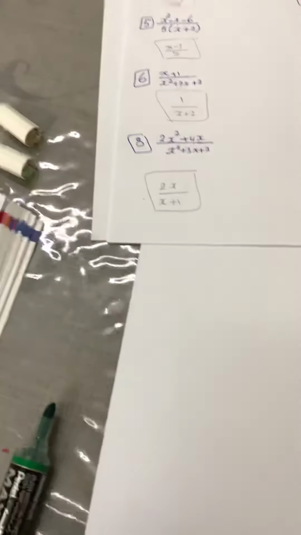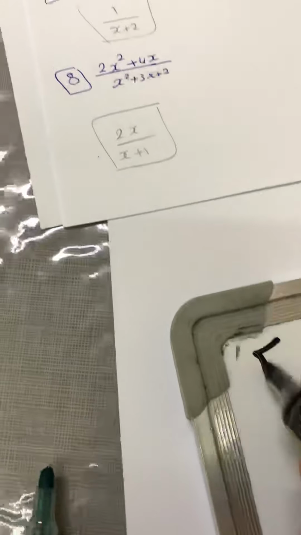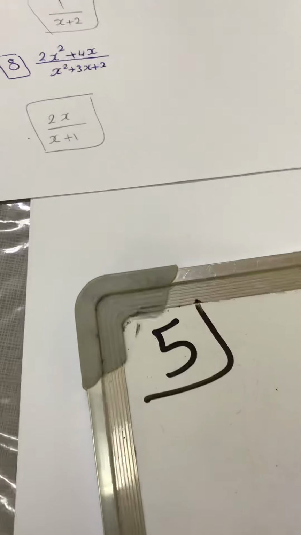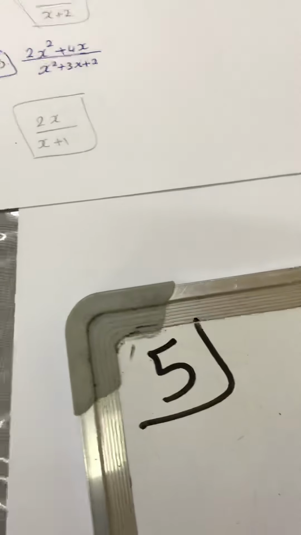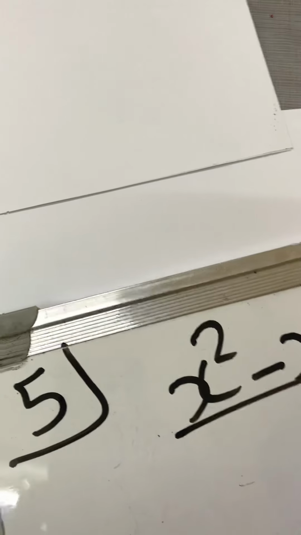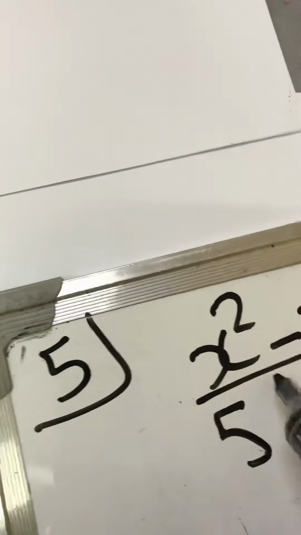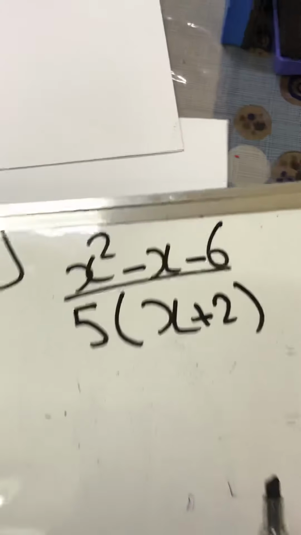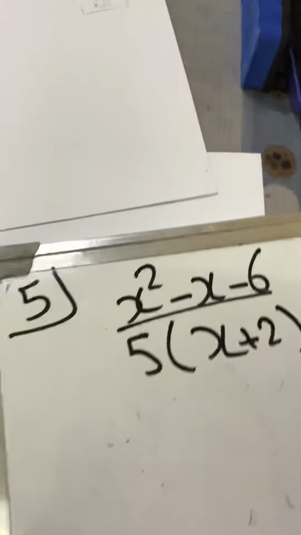Okay, let's solve another problem. I'll take number 5 from exercise 1, page 363. The problem is x squared minus x minus 6 over 5 times brackets x plus 2. I'll start to factorize. How can we factorize?